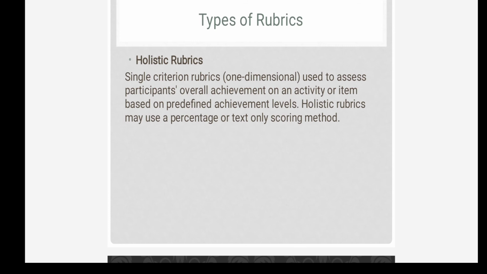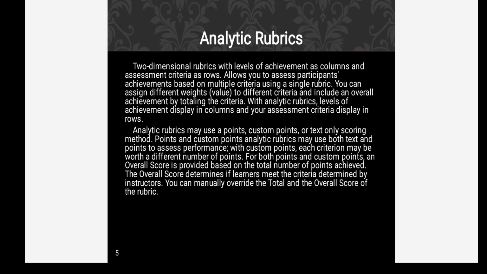And the second type is analytic rubrics. Analytic rubrics are two-dimensional rubrics with levels of achievement as columns and assessment criteria as rows. They allow you to assess participants' achievements based on multiple criteria using a single rubric.